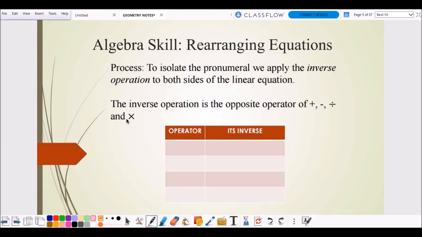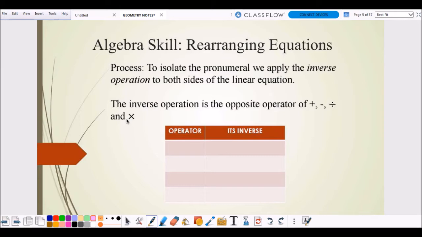Right, so when it comes to rearranging, you need to know your inverse. Another key word there. Inverse just means the opposite. For example, the opposite of left is right, the opposite of up is down, the opposite of plus is minus or negative. For your rearranging, you need to know the opposites of certain values.